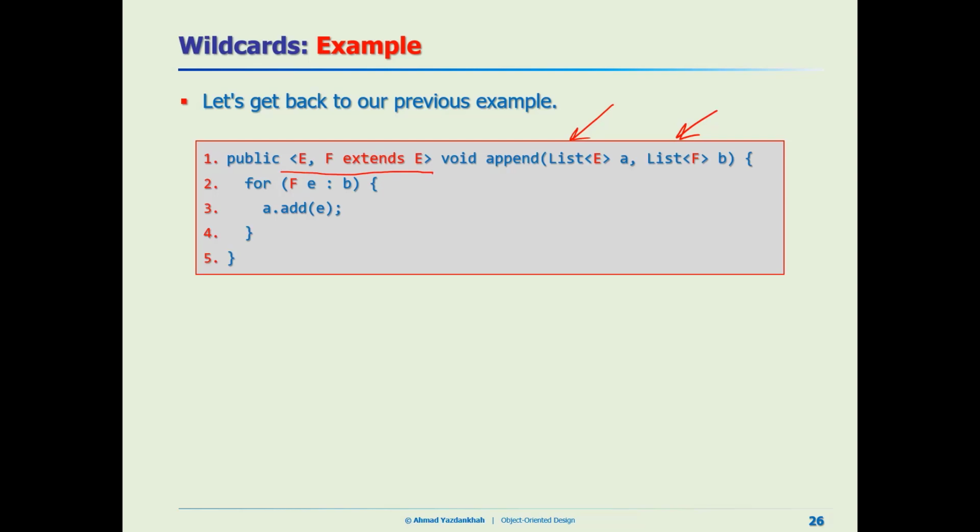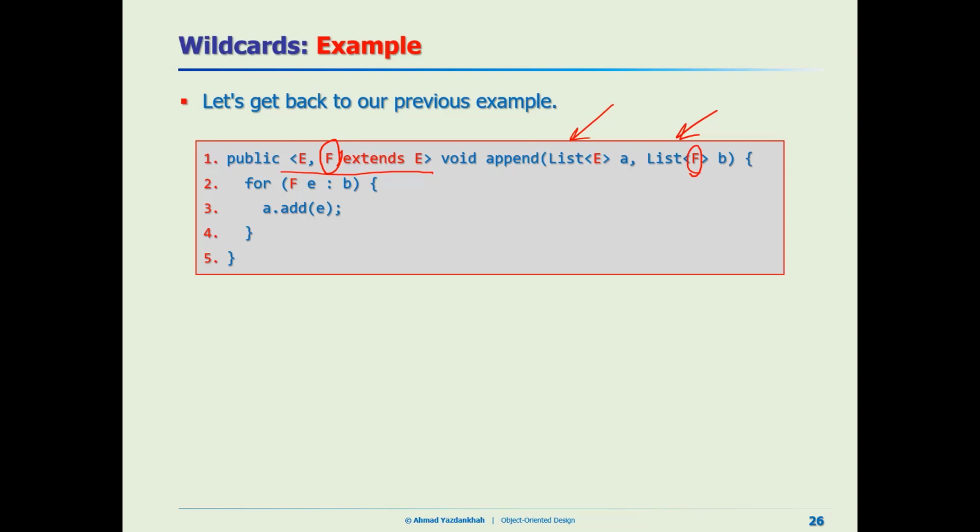Now our goal is first of all to learn the Java generics wildcards, and also we are going to eliminate or reduce this F from here and here. Let's see how we can reduce.